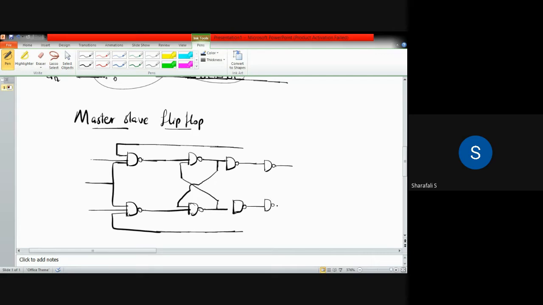And we have the output here. From here, we will take the third input for the first NAND.